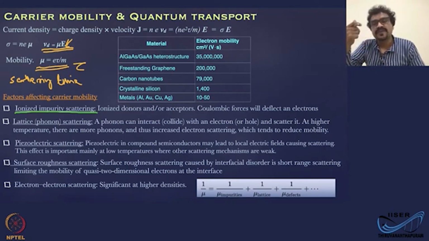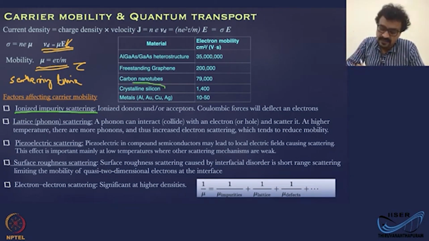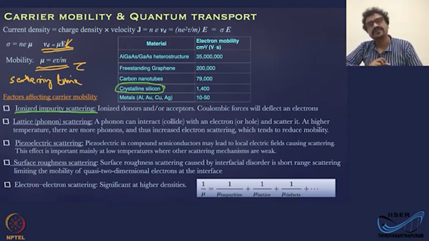Okay, these will get ionized, and those charge centers, the positively or negatively charged centers, can interact with the electrons or holes in the system, and that can deflect or change its path. That is a major reason for the deterioration of the mobility in bulk materials.